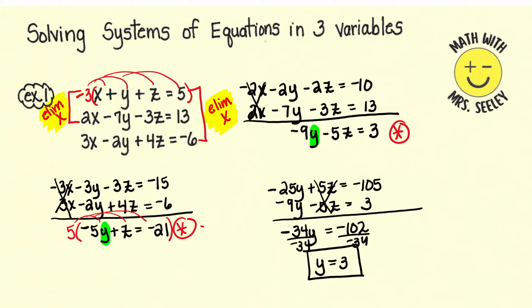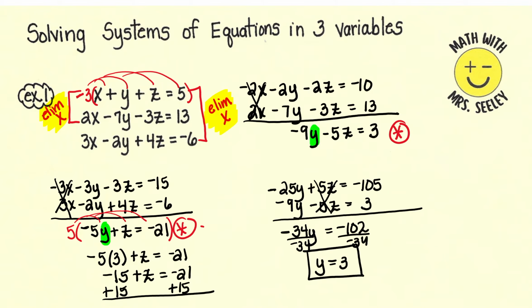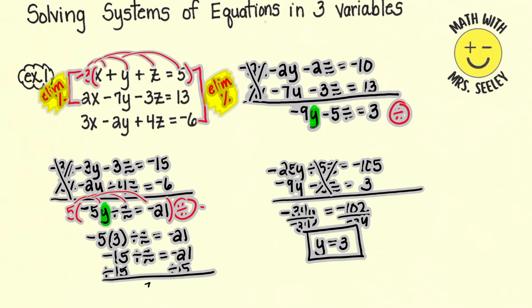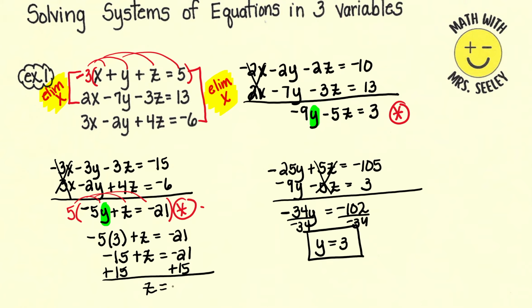So negative 5, but where the y is, I'll put 3, plus z is equal to negative 21. Negative 15 plus z is negative 21. Add your 15 to both sides, and you're going to get z is equal to negative 6.